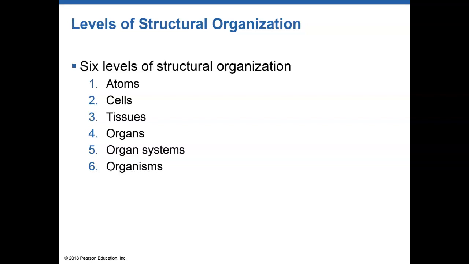The cell is the basic unit of life. Cells come together forming tissues. Tissues of different types come together forming organs. Organs that have similar functions come together and produce organ systems, and then all the organ systems can produce the organism.